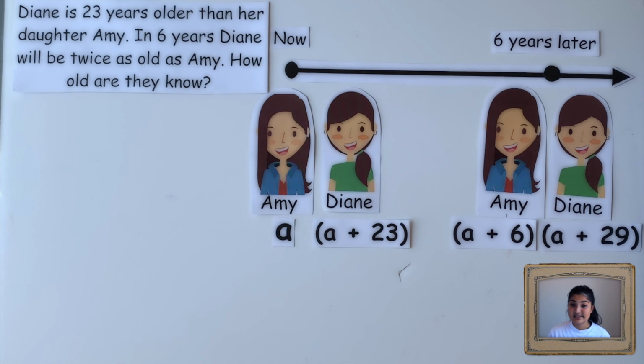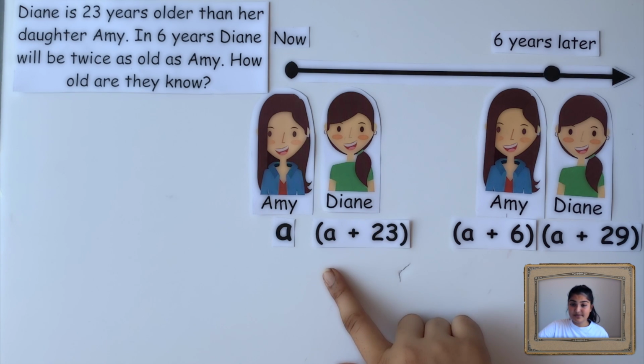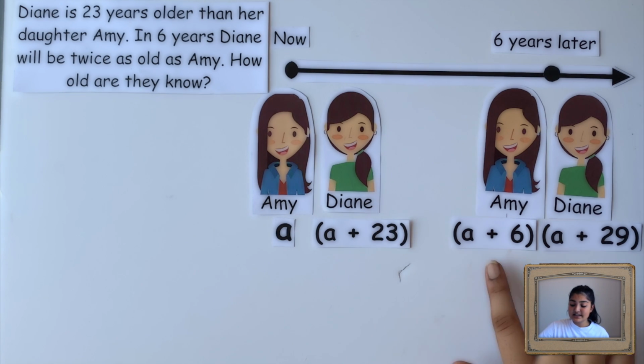That means Diane's age 6 years later will be A plus 29. So now we know Amy and Diane's age now and their age 6 years later.